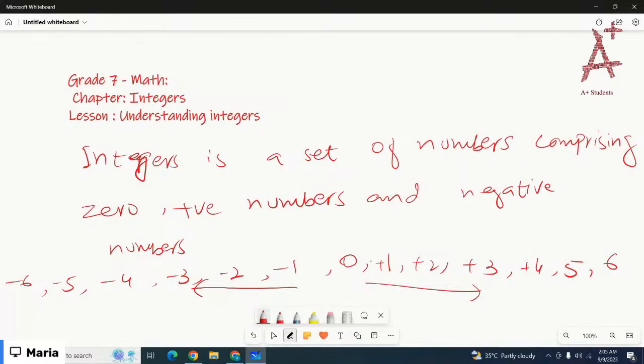Why do we need integers? That's the thing I'm explaining. Sometimes you have to represent an increase or gain, and sometimes you represent a decrease or loss. Whenever you have to represent an increase or gain, you always use a positive number. And whenever you have to represent a decrease or loss, you can use a negative number.